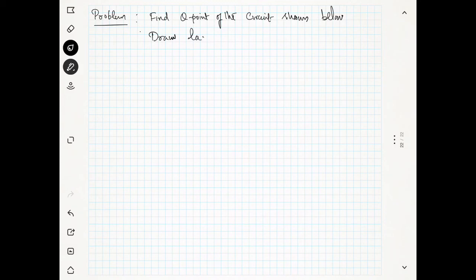Now we will see a problem. Determine the Q point of the circuit shown below, and draw the load line also.